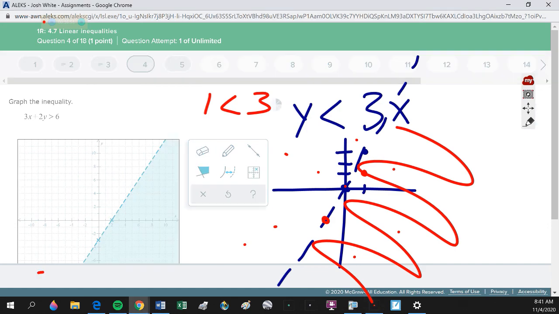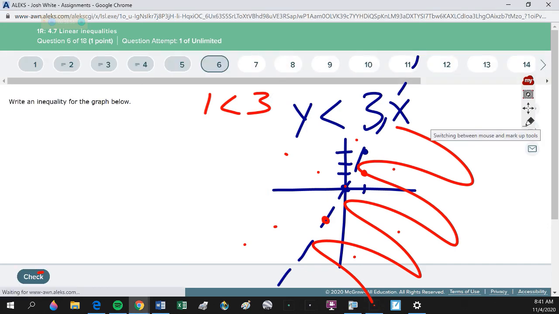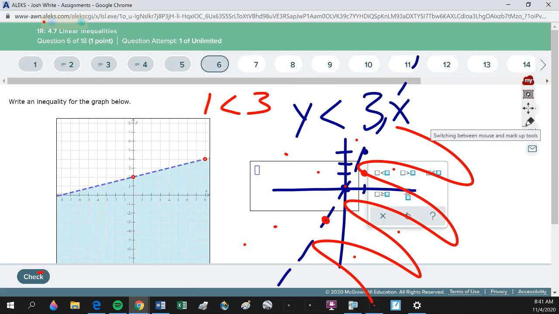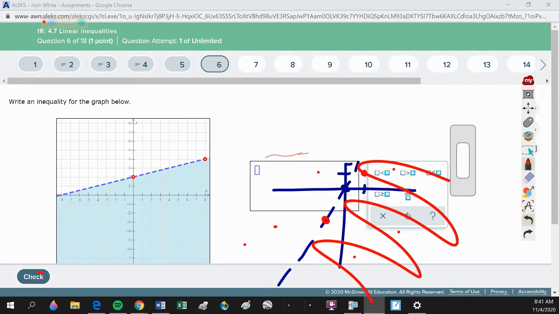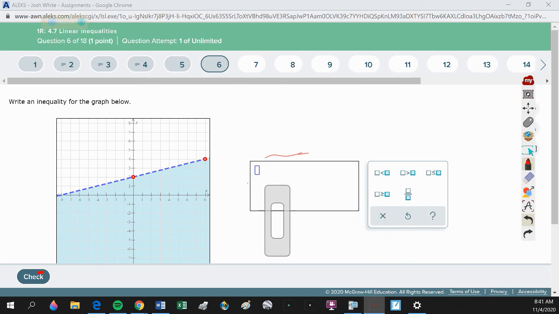All right, let's look at number 6. Okay, now we need to build the equation. We have the graph. What is the equation? So this one's going to be y something something.